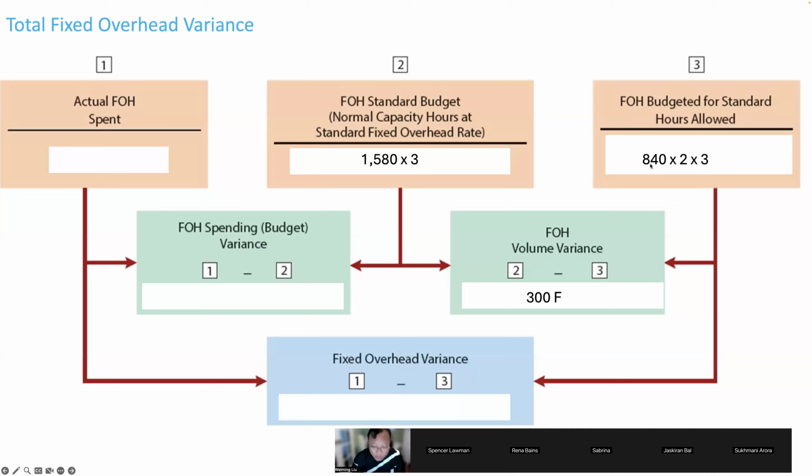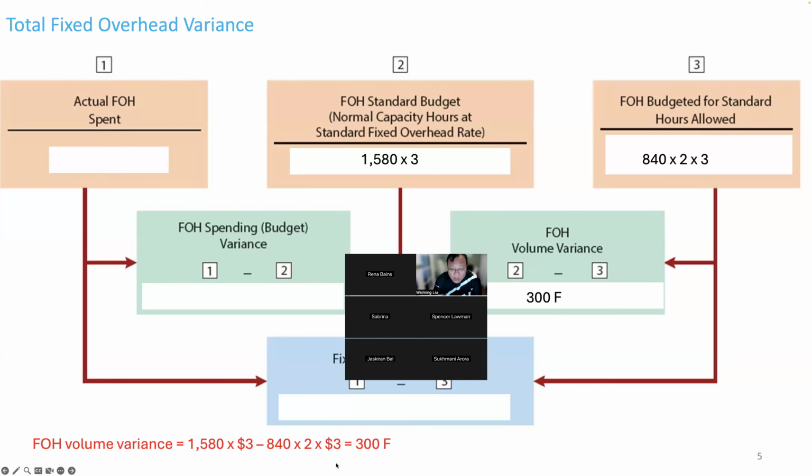I get the standard labor hours allowed for the actual output. Then I multiply by the predetermined fixed overhead rate, $3. Comparing these two, I have a $300 favorable variance.